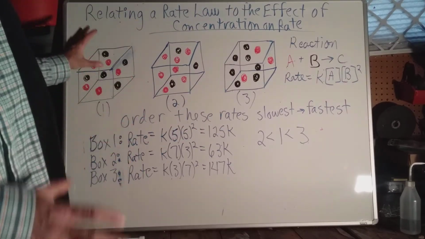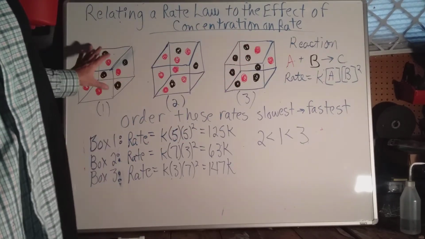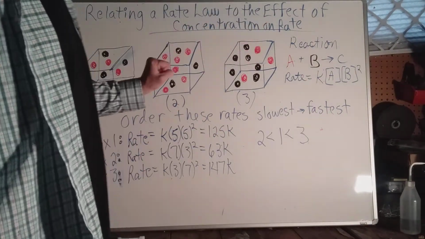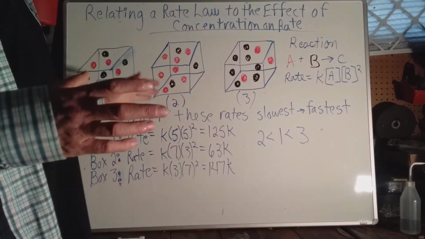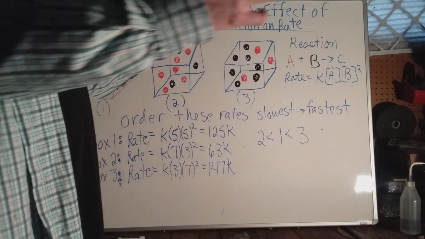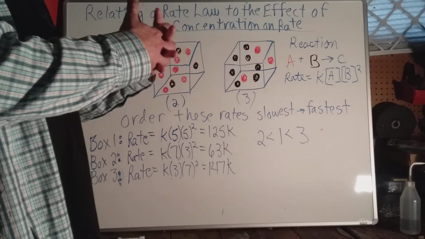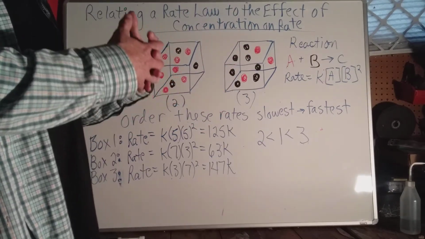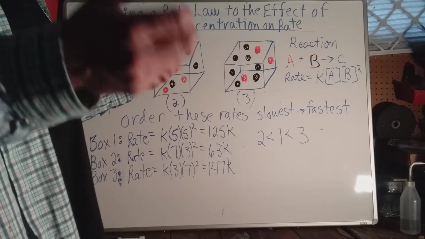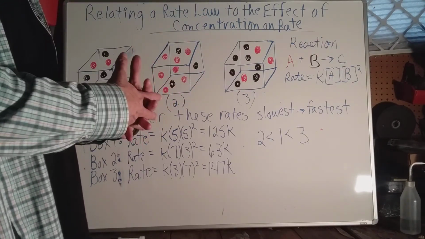Now, of course, this only applies because they are all in the same fixed volume. If one had a significantly larger volume than the other, that would greatly affect the reaction rate because it would affect the opportunities for collisions between molecules, which make the actual reactions happen. With more space, we presume we would have less frequent collisions between molecules.